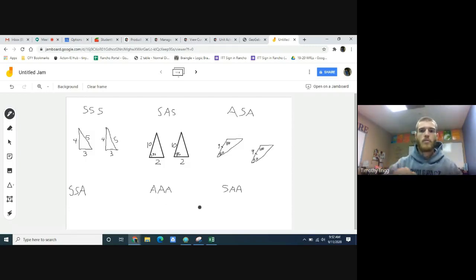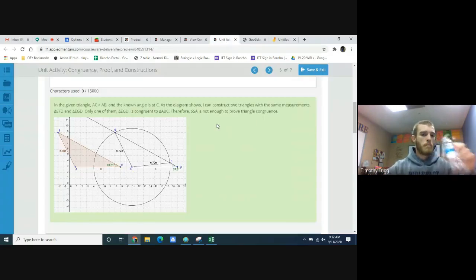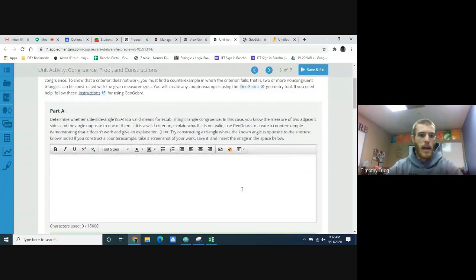Okay, so let's take a look at the activity. Part A. Please read along as I read aloud. Determine whether side-side-angle, SSA, is a valid means for establishing triangle congruence. In this case, you know the measure of 2 adjacent sides and the angle opposite to one of them.